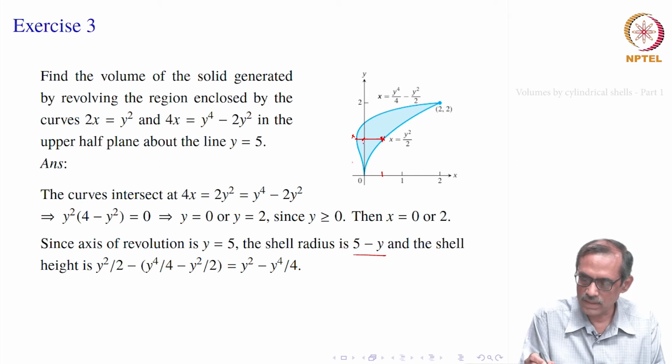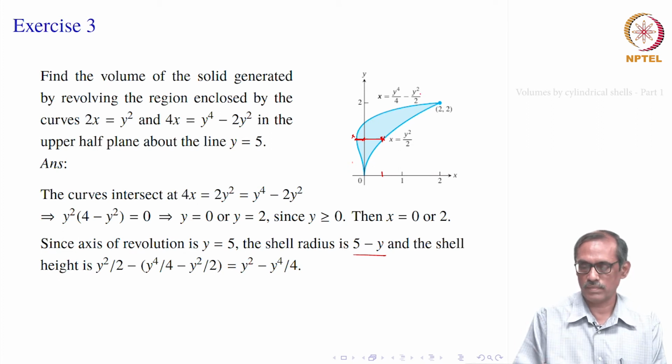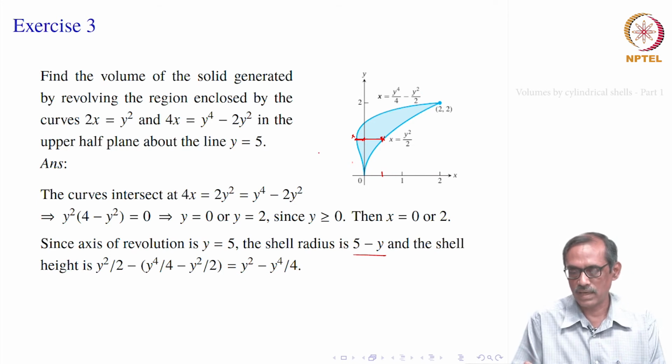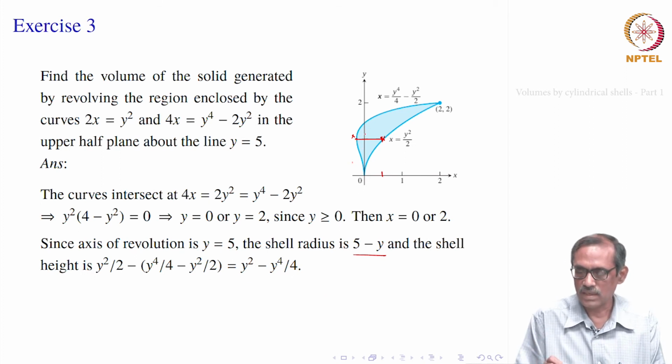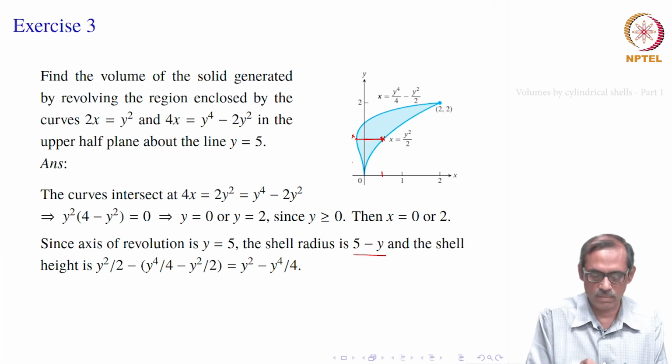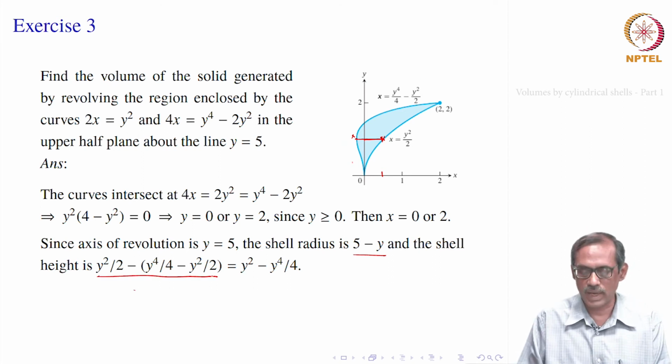So, this length at that y is y fourth by 4 minus y square by 2, okay, and it is on the negative side. So, we have to subtract it to get the height, or just get this length plus this length, which is the same thing as y square by 2 minus y fourth by 4 plus y square by 2. So, that is the cell height, which simplifies to y square minus y fourth by 4.